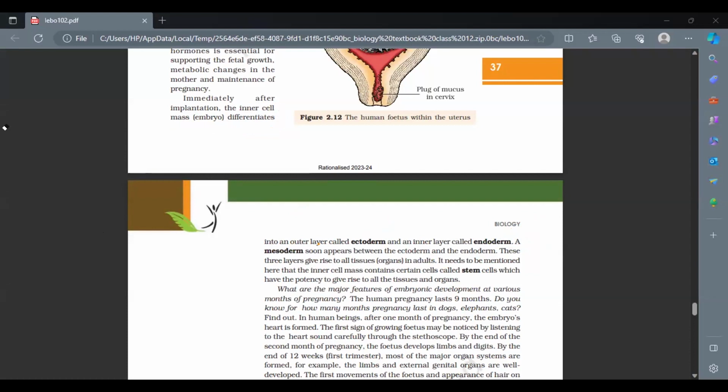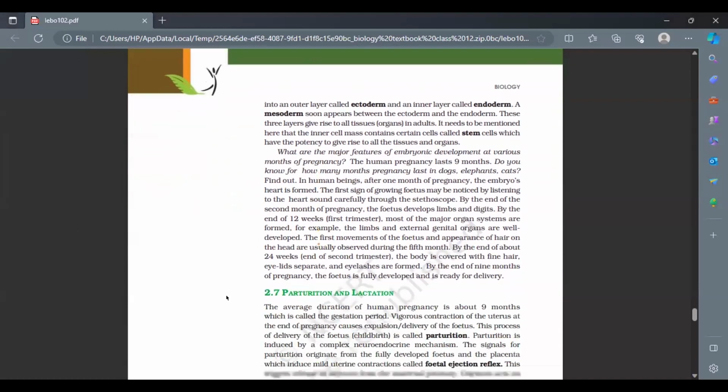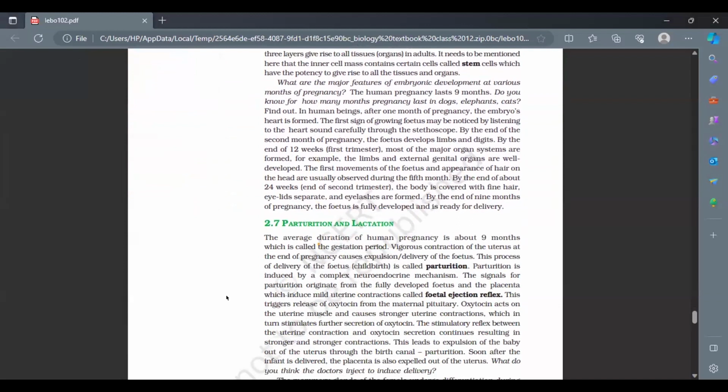That's how the transplantation process can be done. Right now it's at a very initial stage of research, but in the next 20 to 30 years you may find that every second individual is storing their stem cells in stem cell banks, so that in later stages of life, whenever they face some kind of problem, these stem cells can help them.